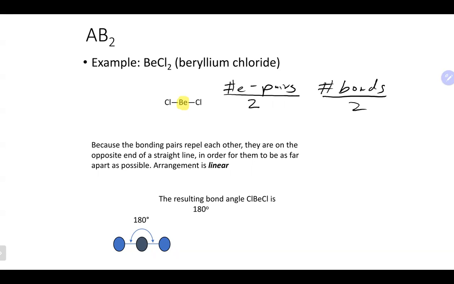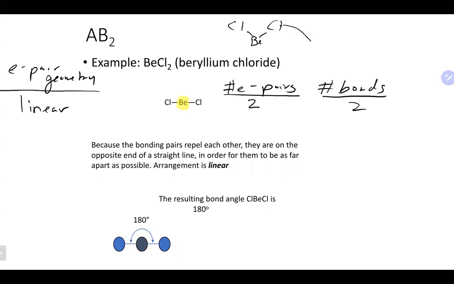Now, 2 electron pairs in terms of the electron pair geometry names. It is based on how many electron pairs there are. This is going to be a linear geometry. Now, what happens is both of these pairs of electrons are bonding electrons, which means the 2 Cl's decide, I don't want to be near you. I'm going this way. I'm going this way. And they end up as far apart as possible, which is on opposite sides of each other.